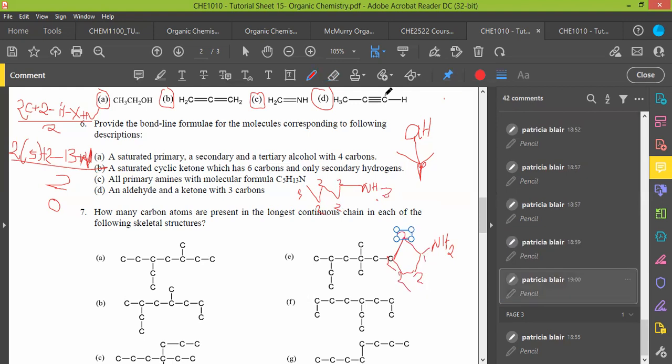So 2, 4, 6, 8, 10, 11. You have 11 hydrogen atoms that doesn't correspond to that formula, meaning this is not your structure of interest. So not cyclic, because cyclic should give you an IHD of 1. Since we have no double bond, there is no need for that.